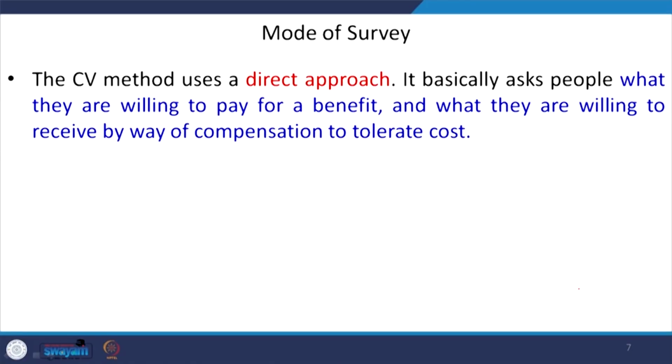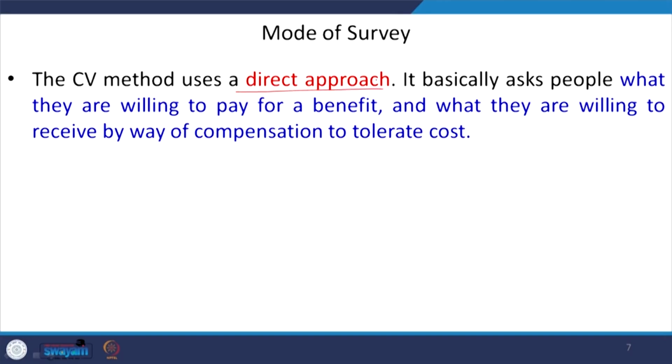From the very beginning I have already told you that the contingent valuation method is direct in approach, because here the individuals are directly asked how much amount they are going to pay if this happens, whatever the situation is going to be. So, which is highly conditional. So, this CV method uses a direct approach.